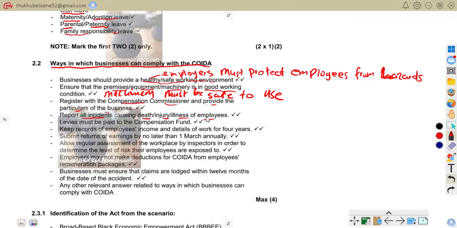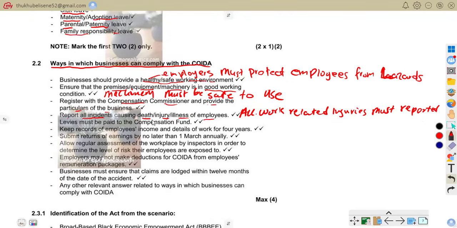All work-related injuries must be reported. Get it straight, good people.